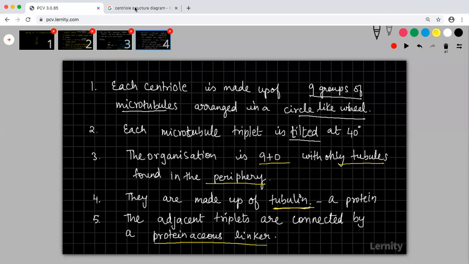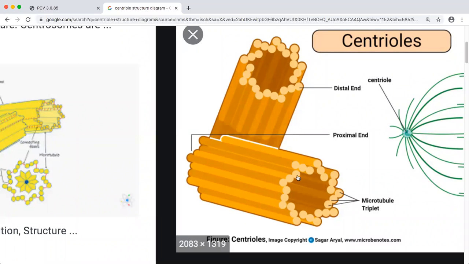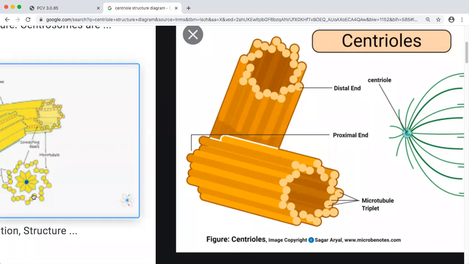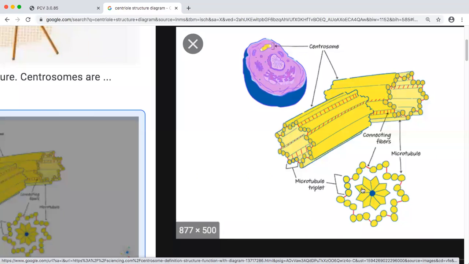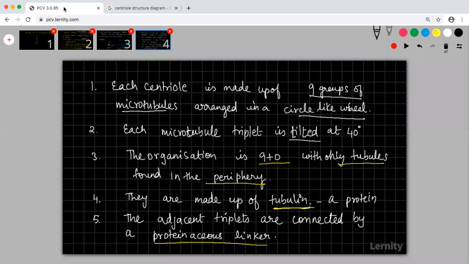You're not able to see the linker here, but in this diagram you should be able to see. This is a triplet. There is a linker here. This red line drawn here is the linker. So this is how it is arranged. The connecting thing is what we call a linker.